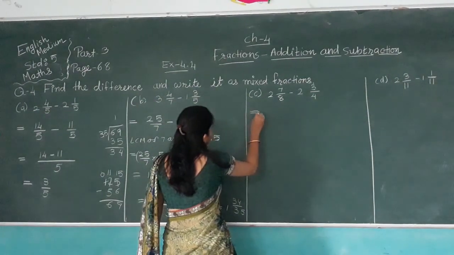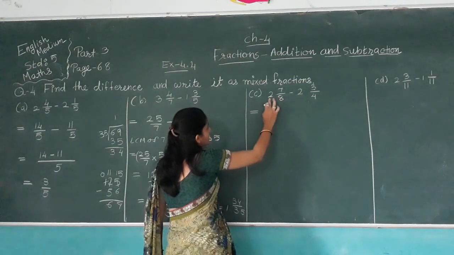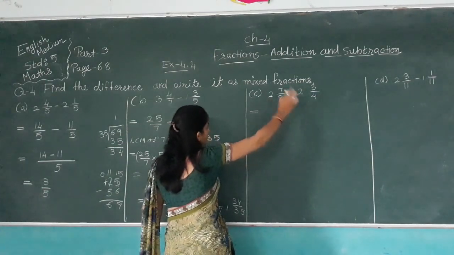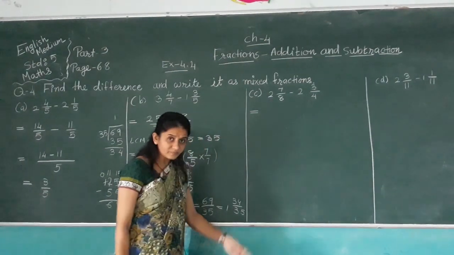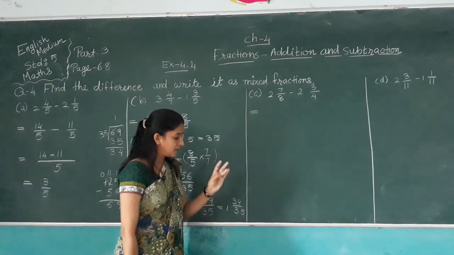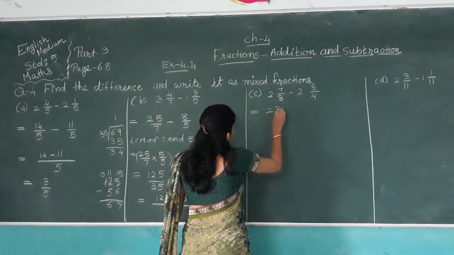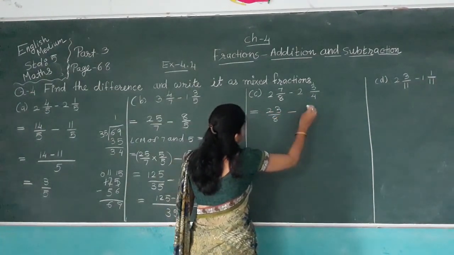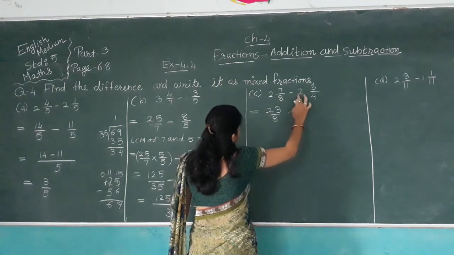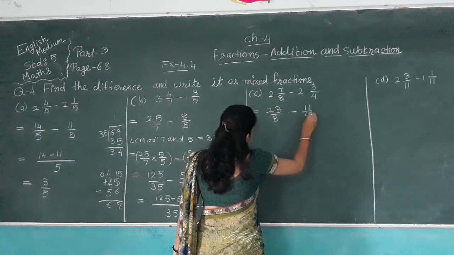First we convert the mixed fraction into an improper fraction. 8 2s are 16, 16 plus 7, 16 after 17, 18, 19, 20, 21, 22 and 23, 23 out of 8. Minus 4 2s are 8, 8 plus 3, 9, 10, 11, 11 out of 4.